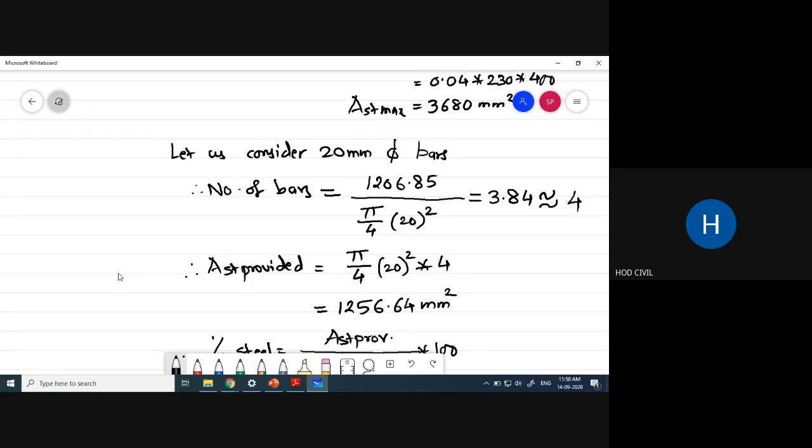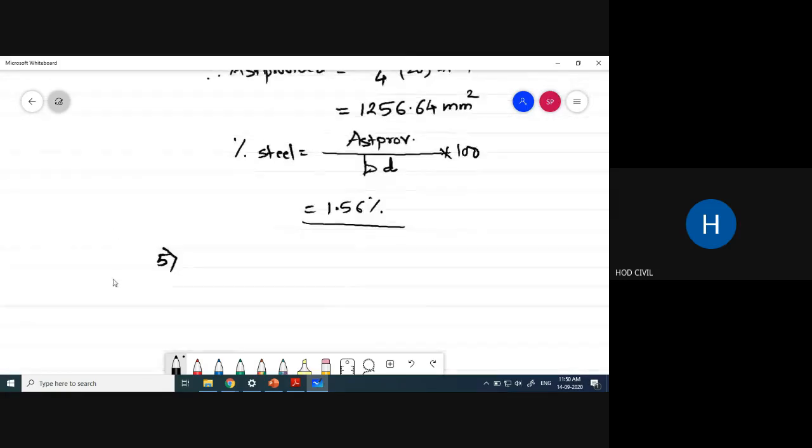Here we need to check whether 2-20 and 2-16 mm will be sufficient, or we have to go for 2-20 and 2-12, or 3-20 and 1-12, or 3-20 and 1-16. Those combinations we have to check, and then adopt the suitable combination. In the examination, to reduce the time of calculation, you can show the calculation like we are showing right now. Is it clear to everybody?